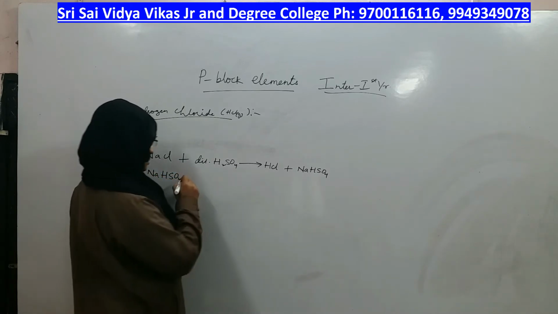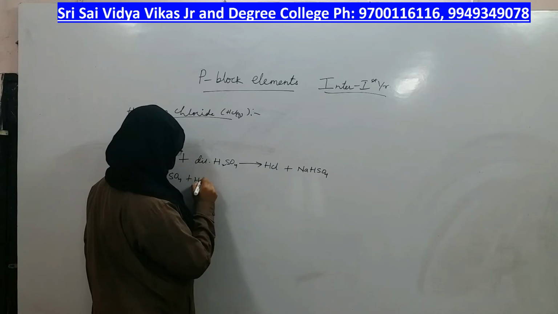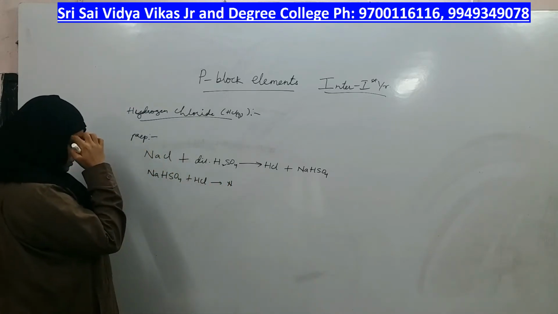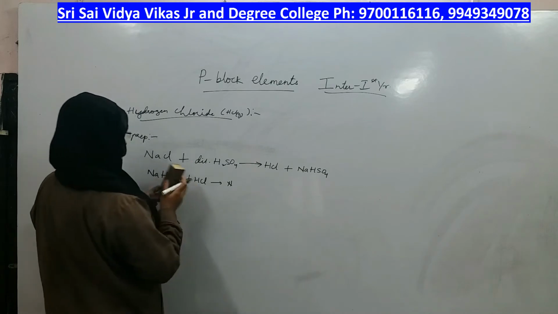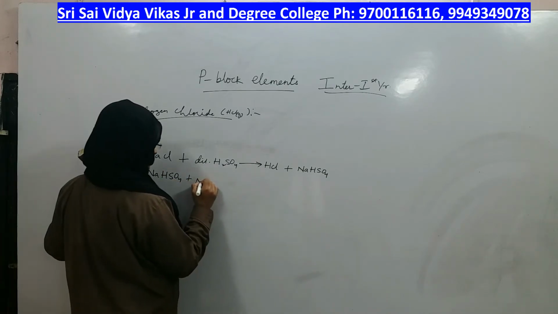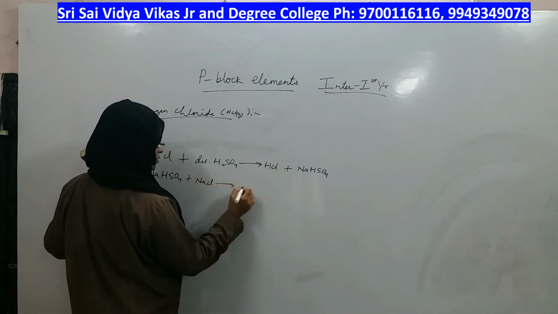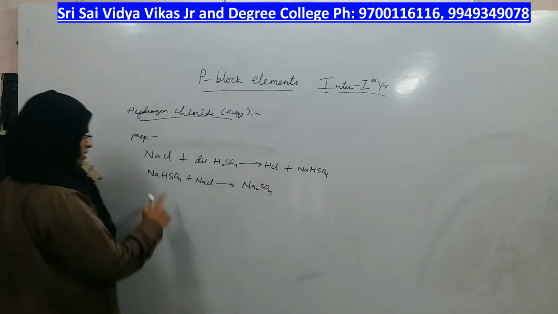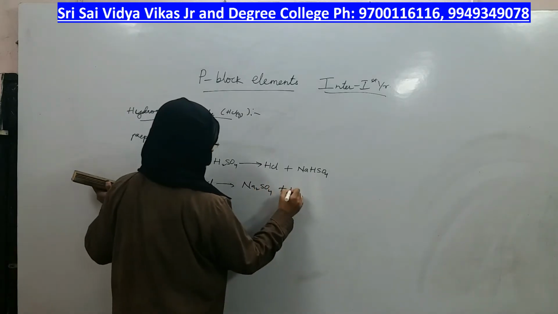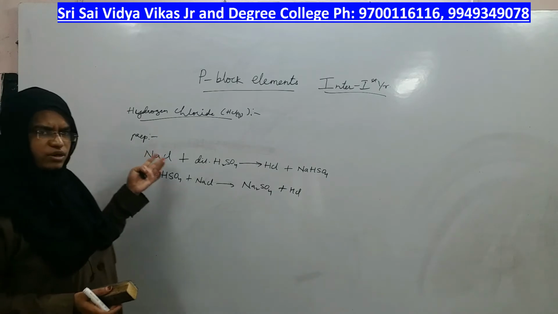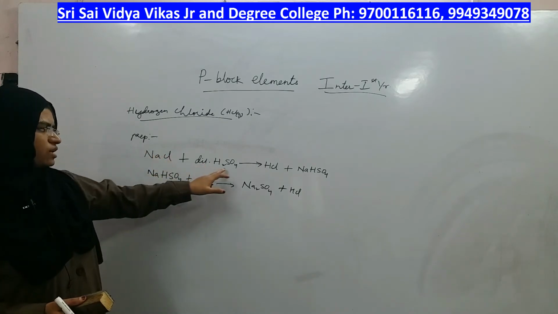This sodium bisulfate reacts with another NaCl to give you Na2SO4 plus HCl. So this is how you get hydrogen chloride by taking dilute sulfuric acid.